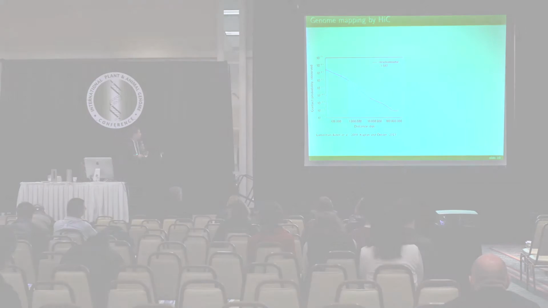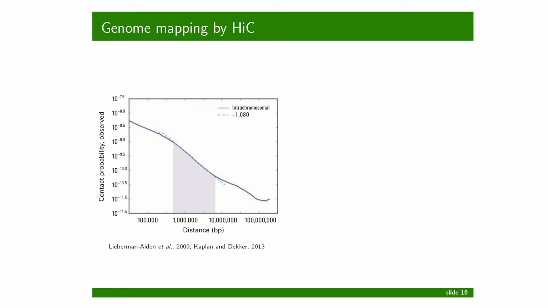What was established in humans is something called the distance-dependent decay: the farther apart two loci are in the linear DNA sequence, the farther apart they are also in 3D space. So there's a high correlation between linear distance and three-dimensional distance.